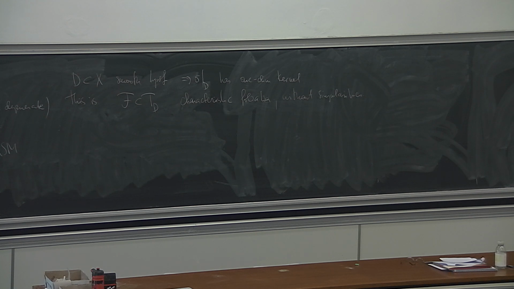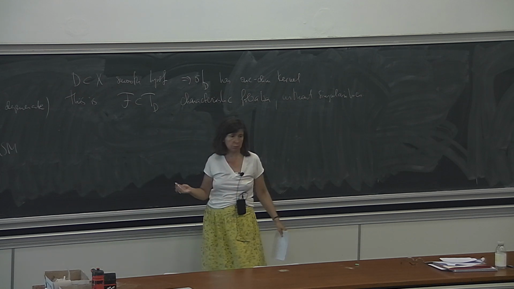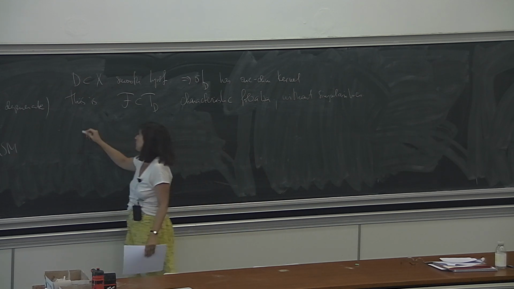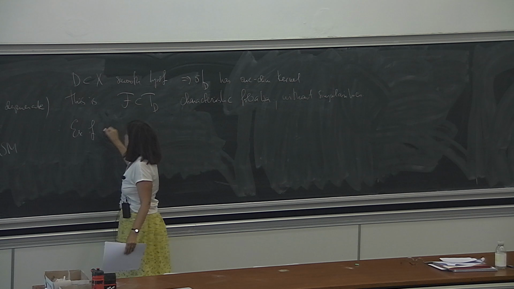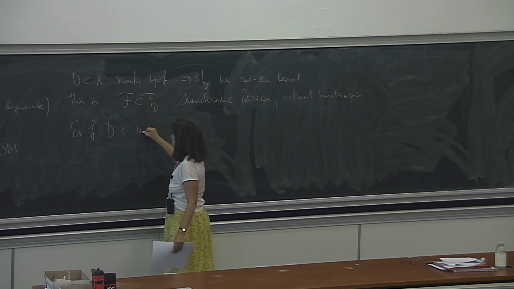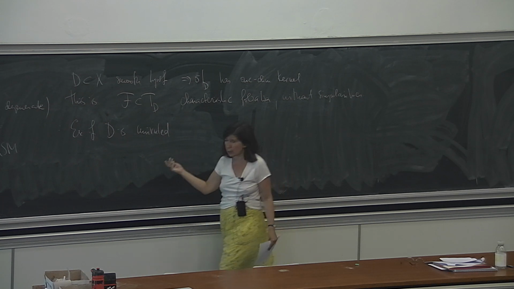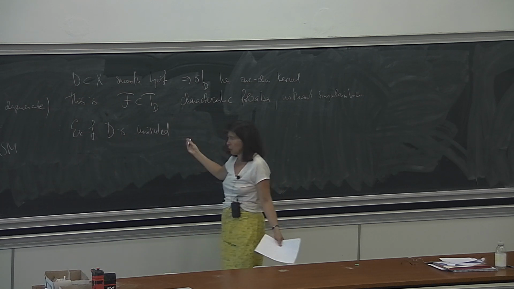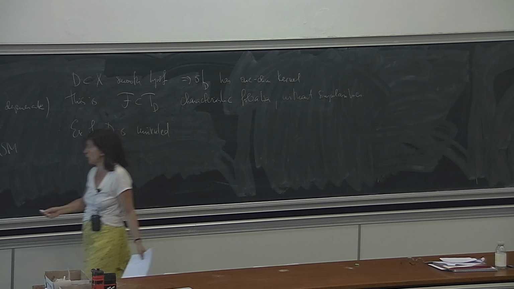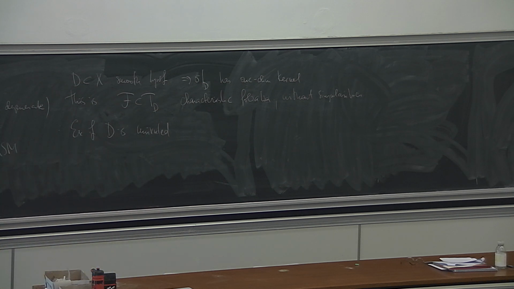For example, if D is uniruled, that is covered by rational curves, and of course you have examples of such uniruled divisors on holomorphic symplectic manifolds.